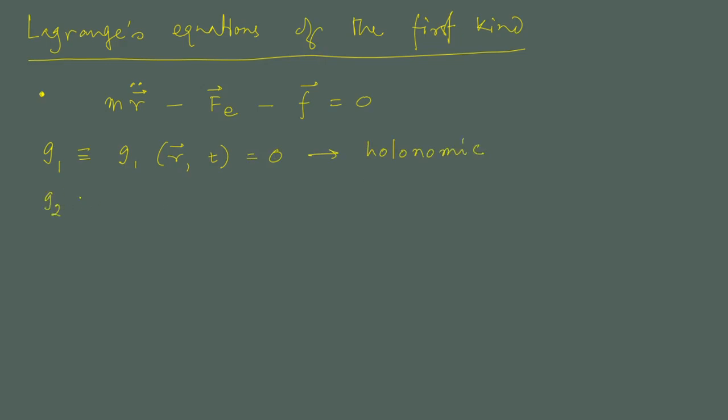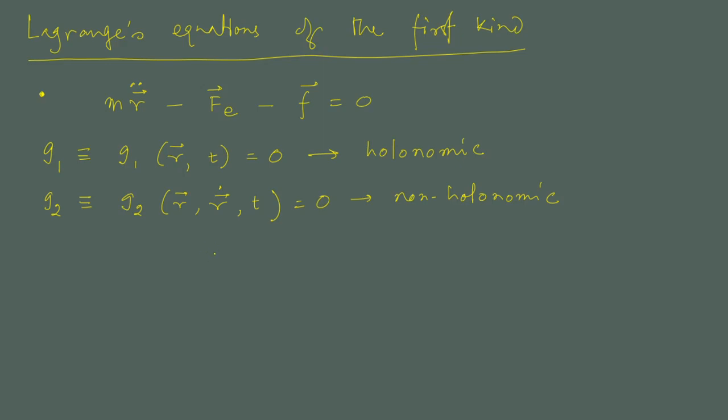And let us suppose we also have a non-holonomic constraint where it's a function of position, velocity, and time, and it is not integrable. So, how do we find out the constraint forces now?